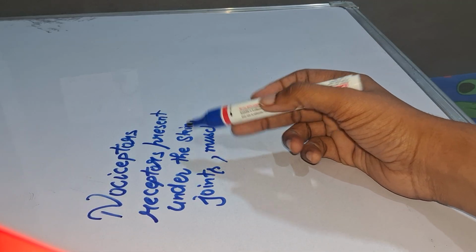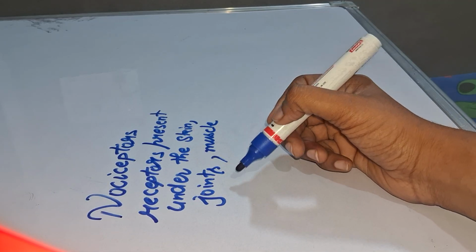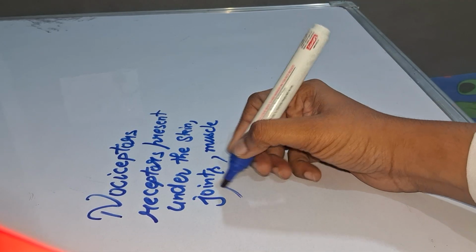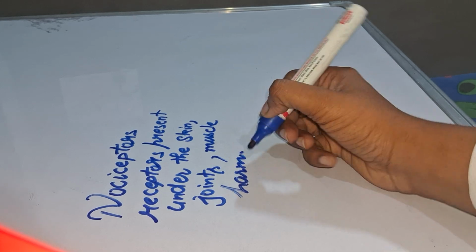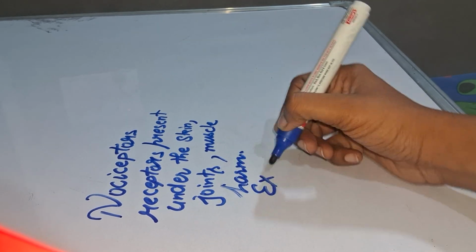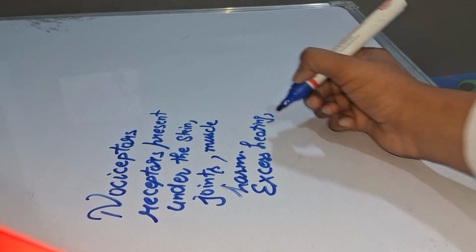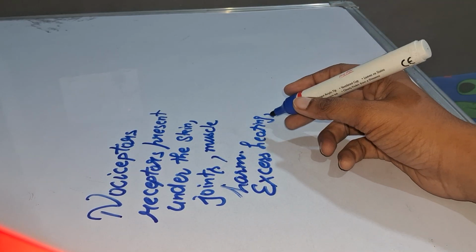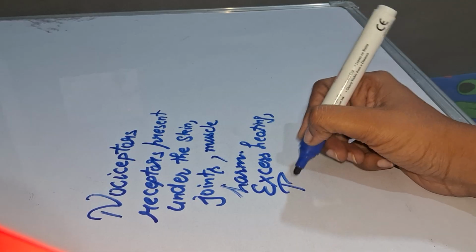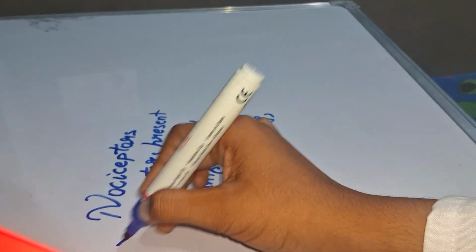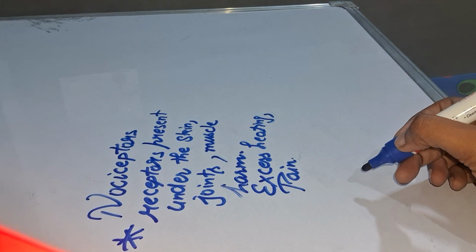These receptors receive the stimulus of harm. For example, excess of heating, thermal response, and pain response. These receptors are responsible. Okay?